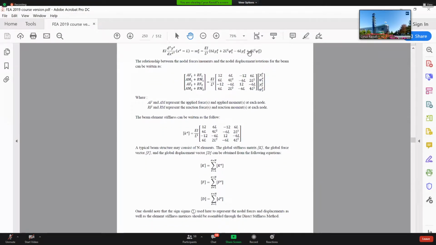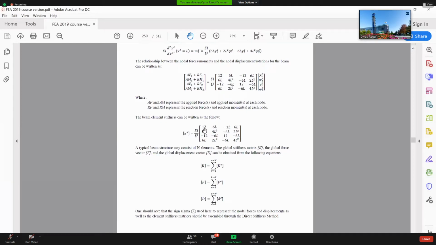And if you want to solve this problem, most of the time you have more than one beam. You have beam segments connected together, and you may end up with different element stiffness matrices. For example, in this element stiffness matrix, you may end up with L1 and E1. It doesn't have to be one material, it can even be different materials, and L is the length of the element.